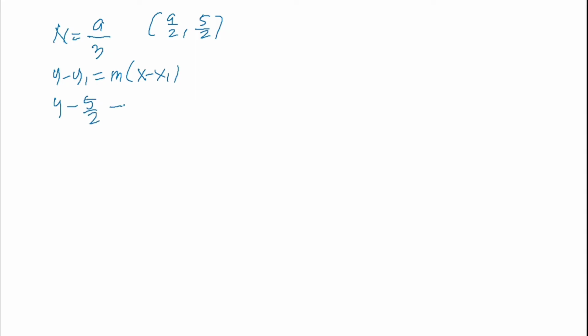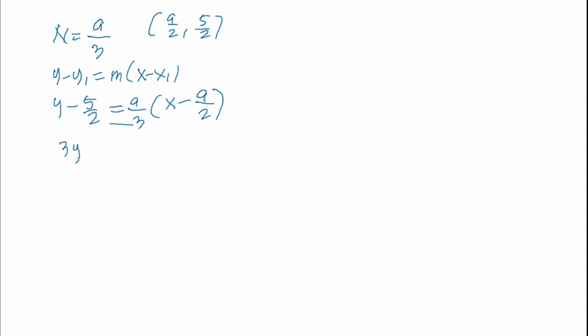So for the normal, the slope will become a over 3. Same process: y minus y sub 1 is equal to m times x minus x sub 1. The given point here is a over 2 and 5 over 2. So y minus 5 over 2 equals the slope a over 3 times x minus a over 2. So just cross multiply here.